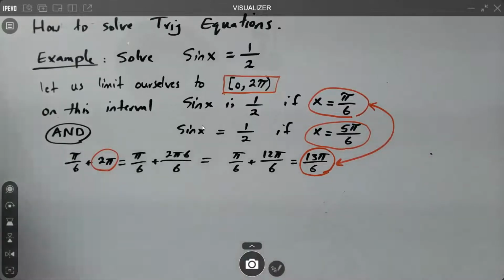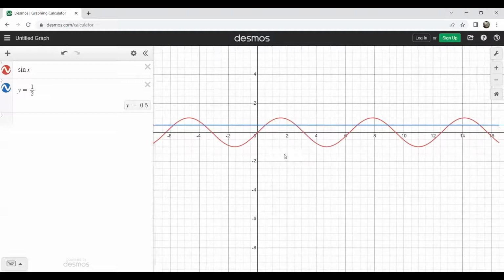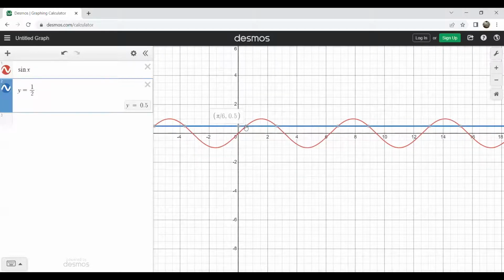Now let us go back to the graph. What is the next point? Okay, so I had pi over 6, I have 13 pi over 6, I have 25 pi over 6. What's the connection between 25 pi over 6 and 13 pi over 6?